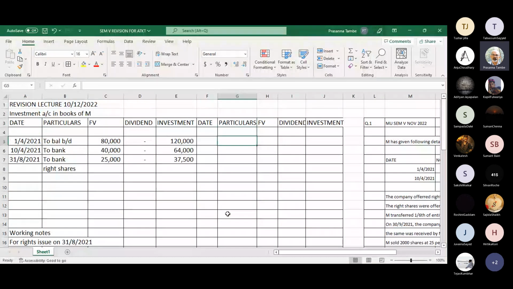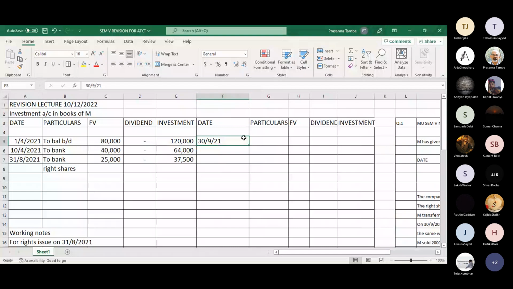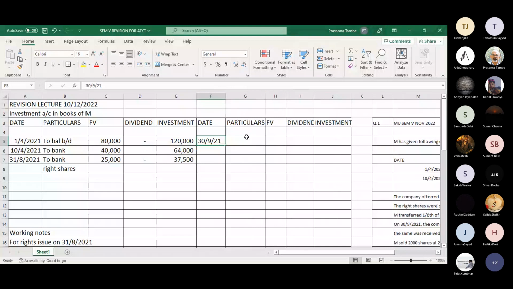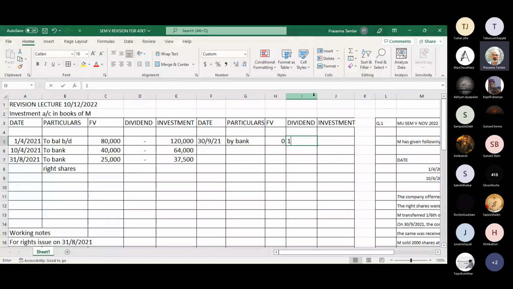So let's pass the entry on 30th September. By bank. Dividend received, whatever is your revenue income, that is 16,000 will be here, and 8,000 will reduce the investment cost.